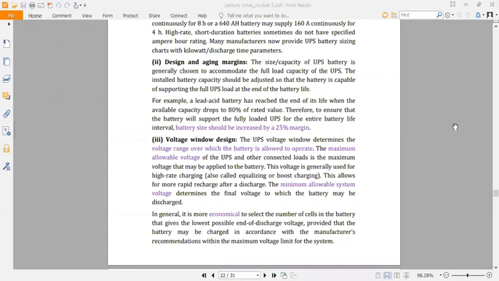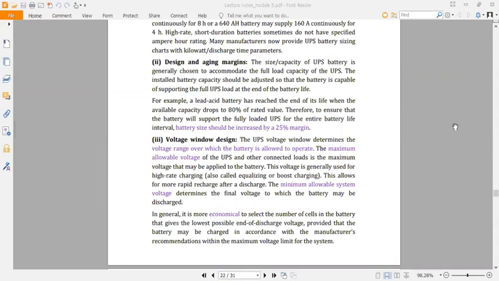So we need to choose a battery having a certain window range, so that if there is any voltage variation, it will fit. The performance of the battery will not be affected. It will be allowable to operate within a certain voltage window.